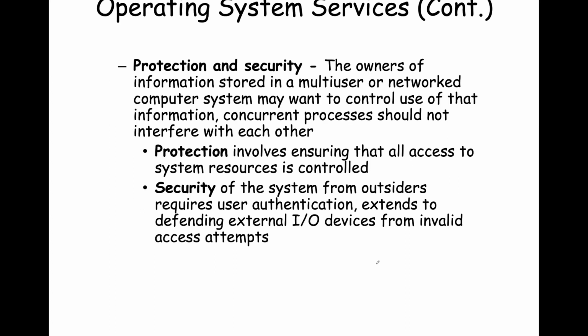Operating systems also provide protection and security. Now, this protection is the keeping apart of all of these users and processes so that they don't walk all over one another. They don't steal resources from one another. They don't write over data of one another.